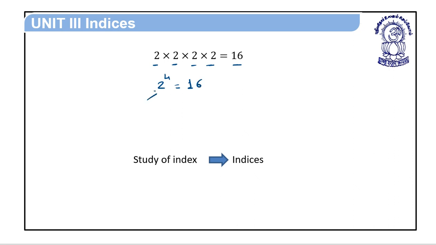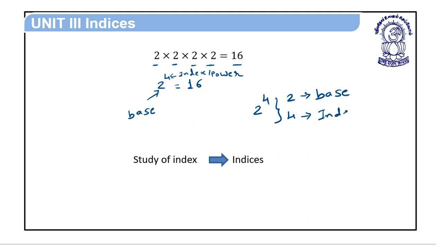Here 2 is the base and 4 is the index or power. In 2 raised to 4, 2 is the base, 4 is the index or power. Study of index is called indices.